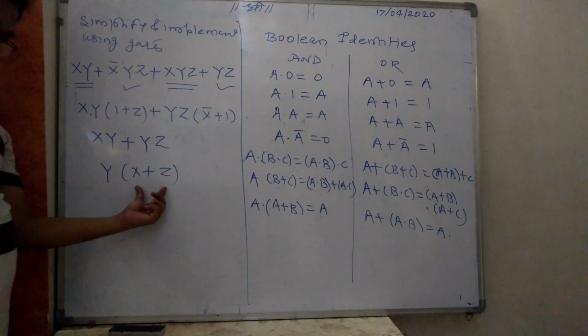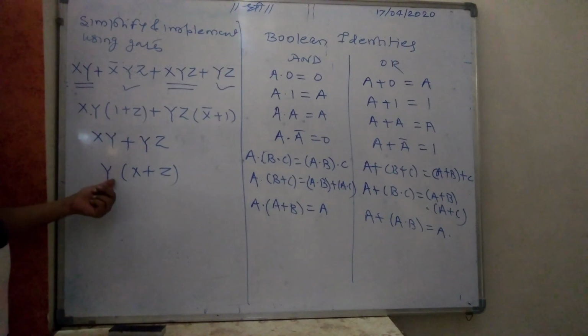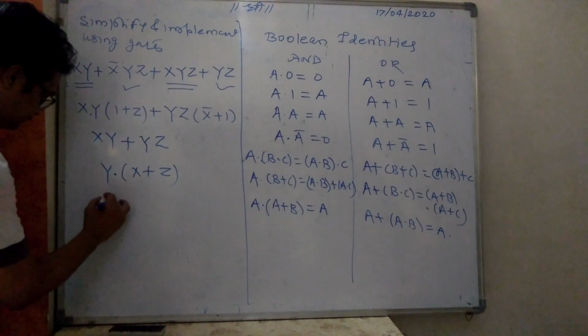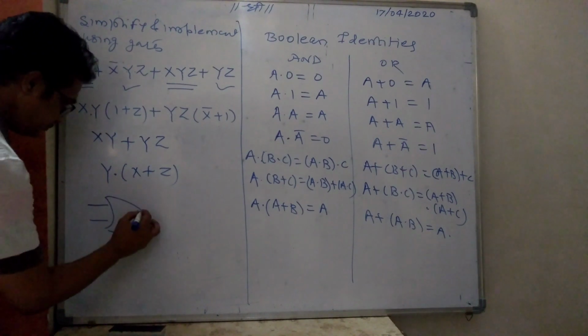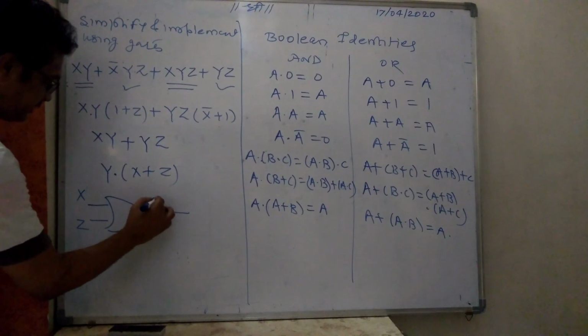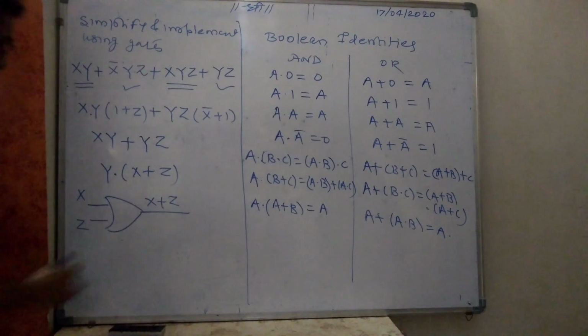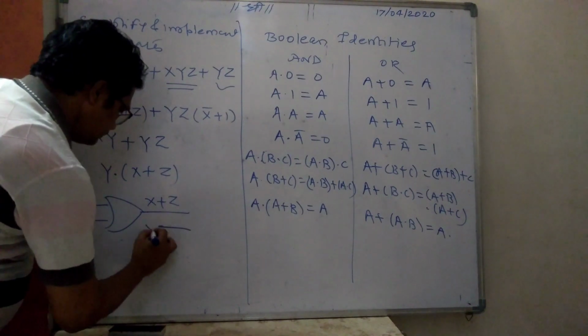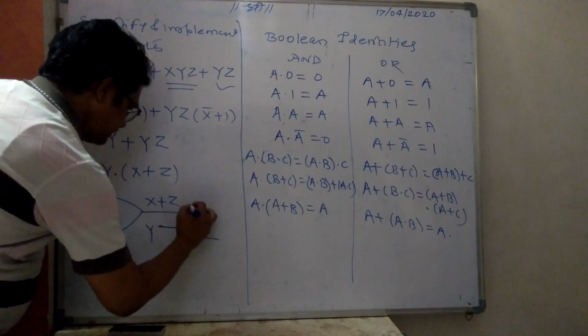x plus z means addition, OR gate, and their product with y means AND gate. So OR gate: this is x input, this is z input, so it will be x plus z output. Its product with y, product is AND gate.